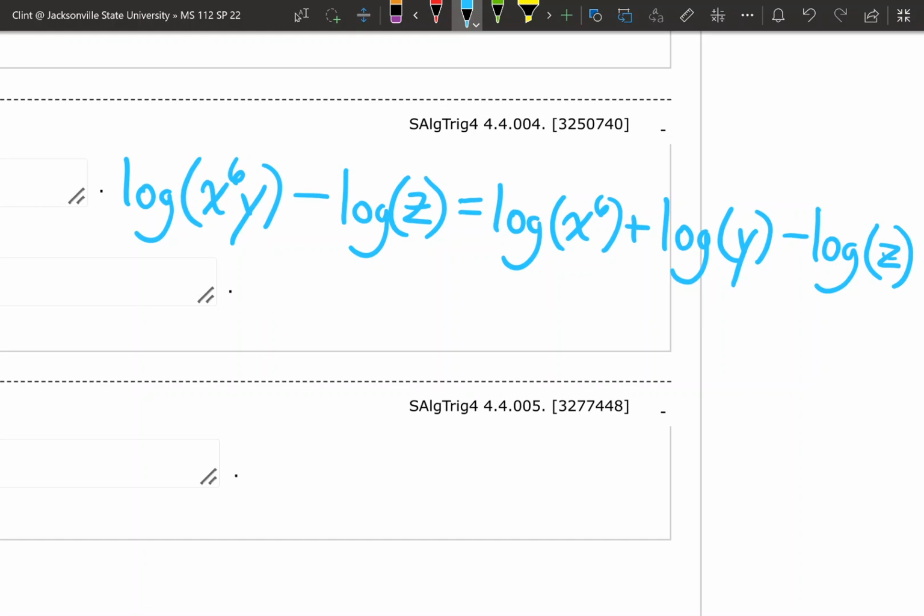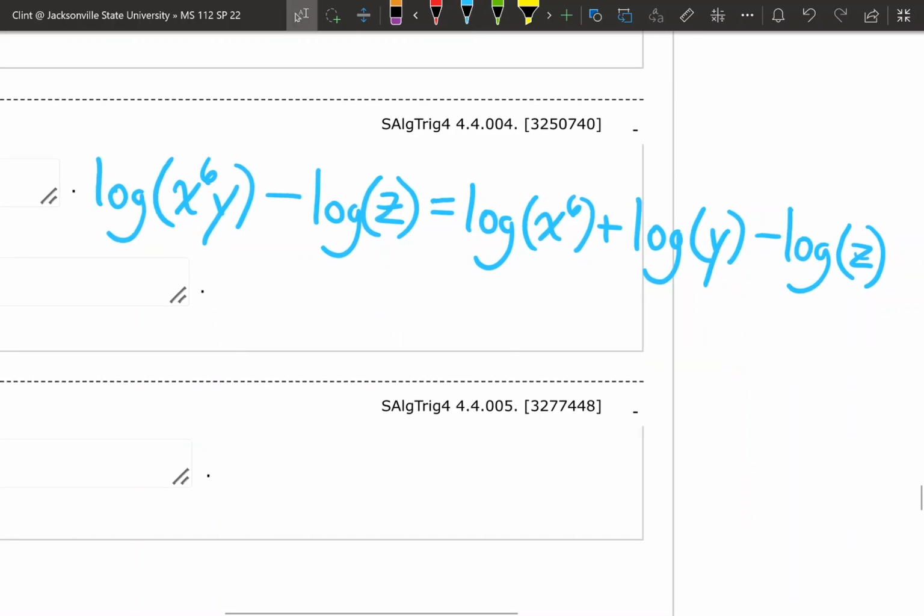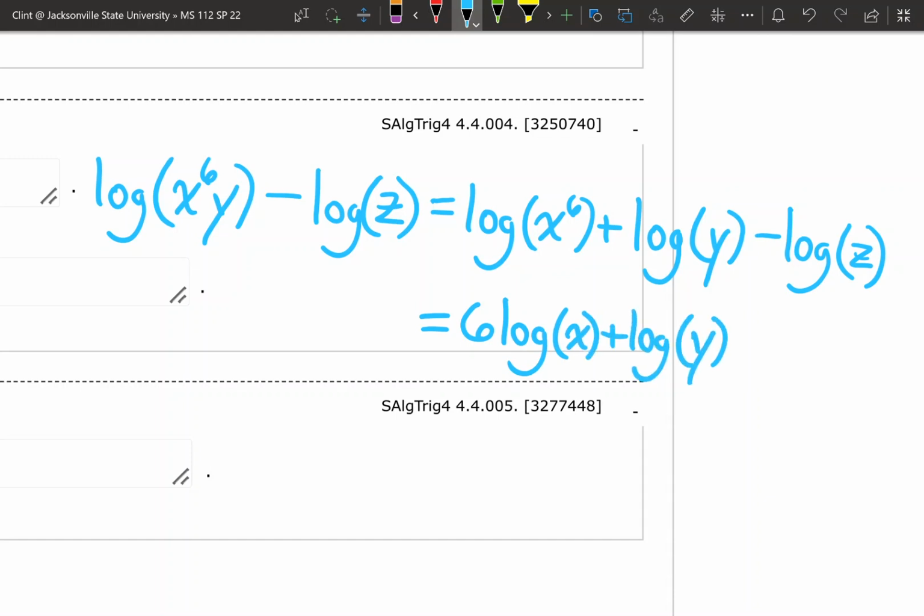Now there's actually one more thing we can do. What else can we do? It's on this one right here. You remember? We can move that 6 out to the front. That's right. So that'd be 6 times log of x plus log of y minus log of z.